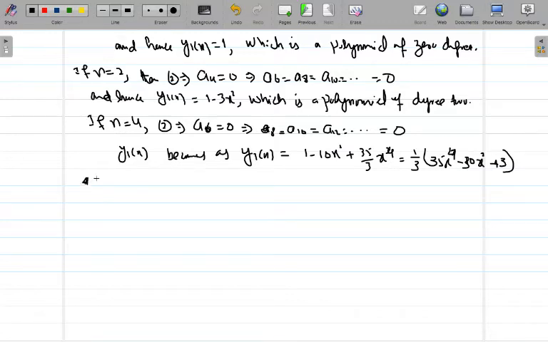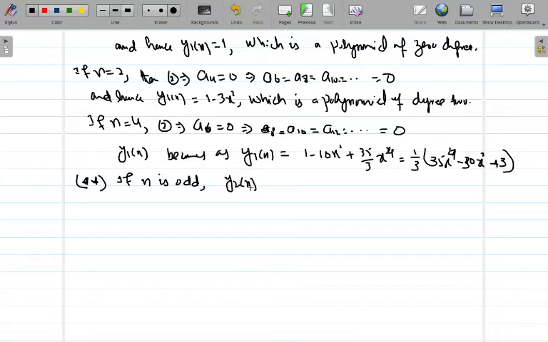If we continue this for the odd degree, so what would be the result? If n is odd, then y2 reduces to a polynomial of odd degree n.